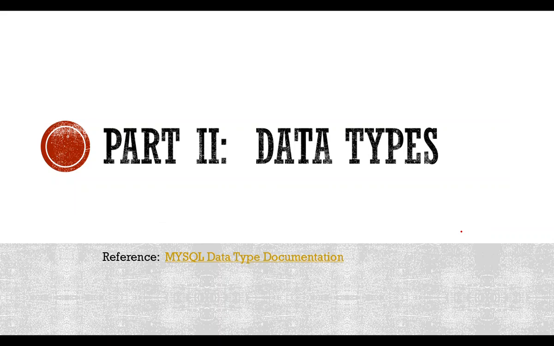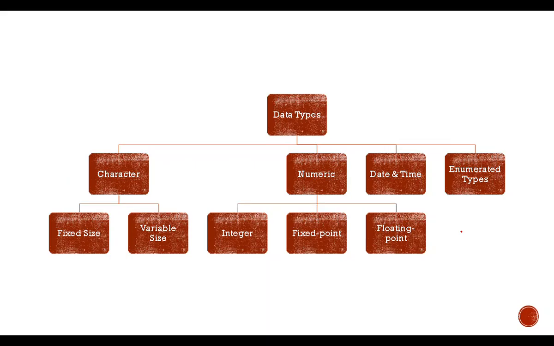All right, so there is a reference here to the MySQL data type documentation. If you don't have a link in the slides, you can always type it in, look it up, and find the full reference for all of this. We're going to use this as our table of contents, and this little hierarchy lets us know what we're going to look at.